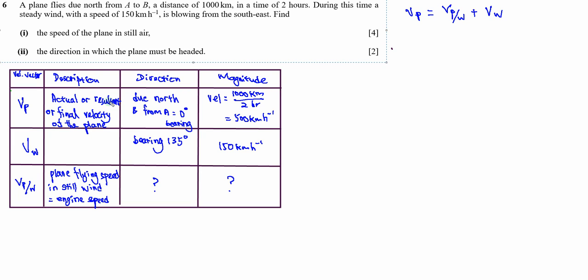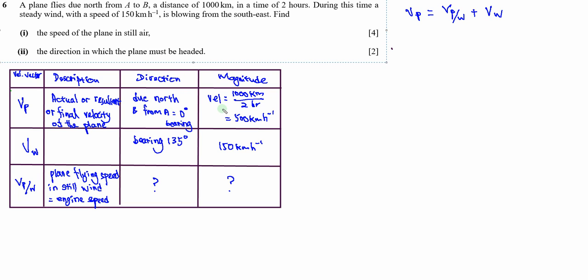Okay, so this is the actual, the resultant, or we say the final velocity of the plane. This is what the plane's path should be, A to B. Now the direction is due north. If we talk about the bearing of B from A, it will be 0 bearing.